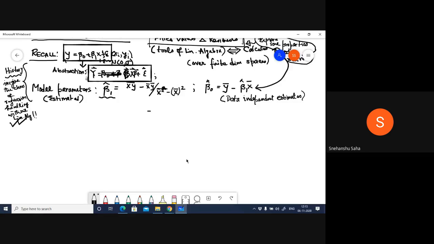Having said that, I would also briefly recall that the expected value of epsilon is 0, and the variance of the residuals is given here. We know this is also known as the mean, and the mean is called the unbiased estimator.